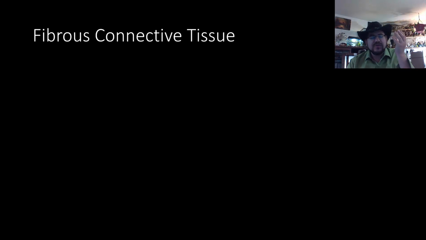Fibroblasts are the cells that produce fibrous connective tissue. They secrete the protein fibers in fibrous connective tissue, and they secrete the ground substance.